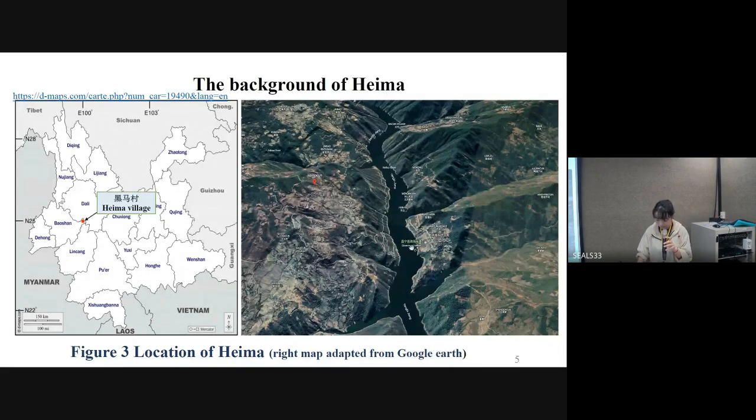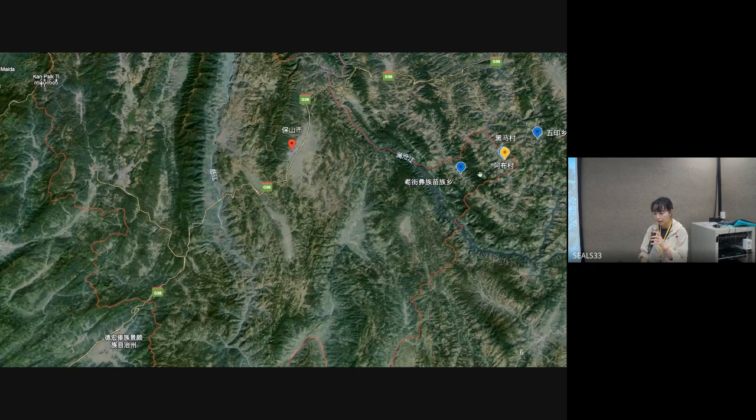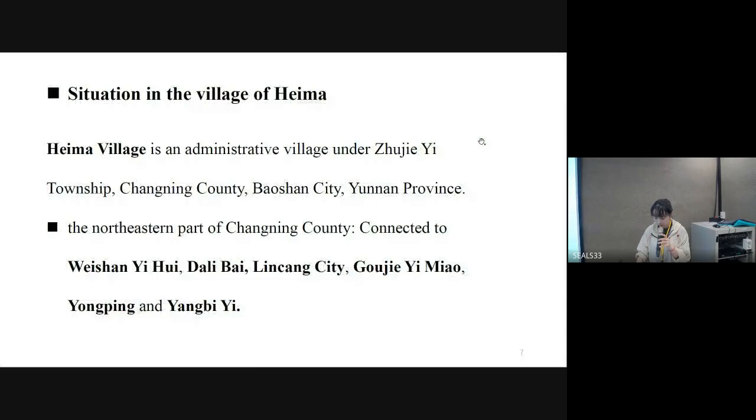It's so small. At this area, not only Yi people live here, but Miao and Nisu and Bai people live here. This slide shows the situation about Heima.